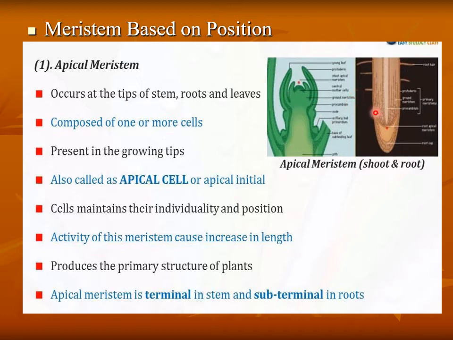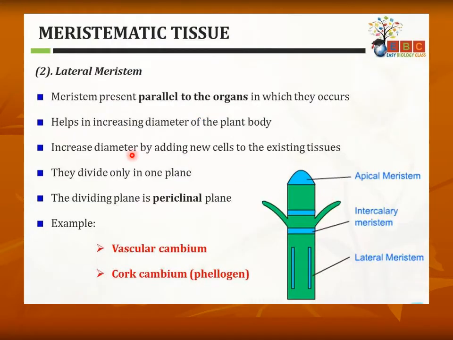This apical meristem helps in the increase in length and they produce the primary structure of plants. Apical meristem is terminal in stem and subterminal in roots. So next we shall see about the lateral meristem here. These lateral meristems are parallel to the organ in which they occur. They help in increasing the diameter of the plant body.